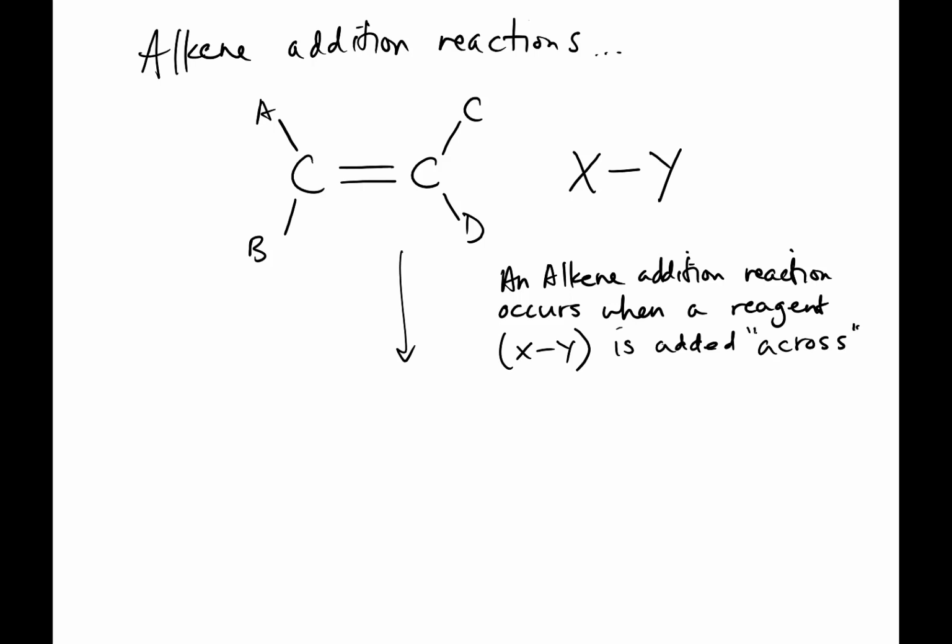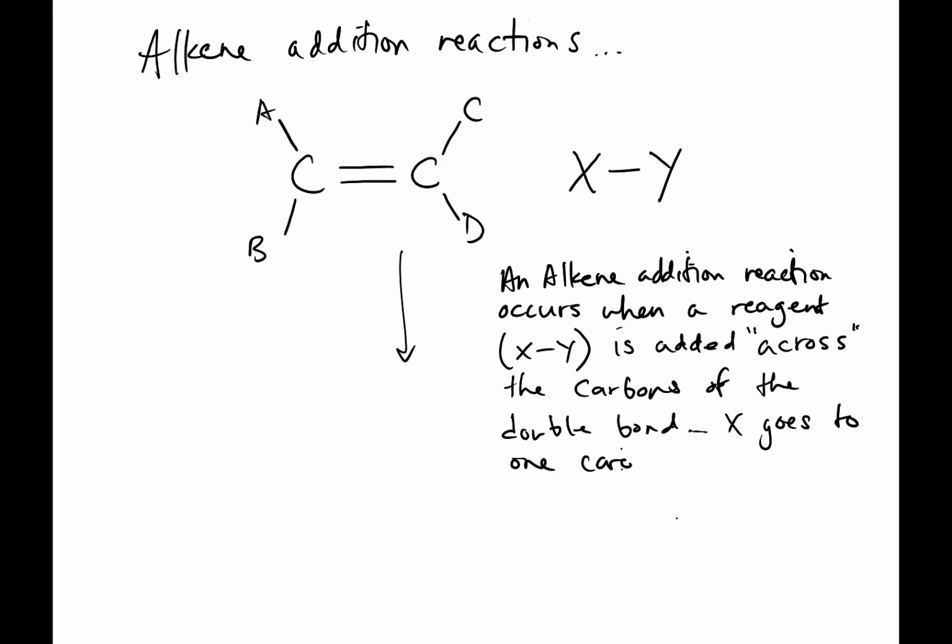You'll see what I mean by that in a second. What we mean by that is, X goes to one carbon of the alkene. Well, it ceases to become an alkene when we're done here, and Y goes to the other.